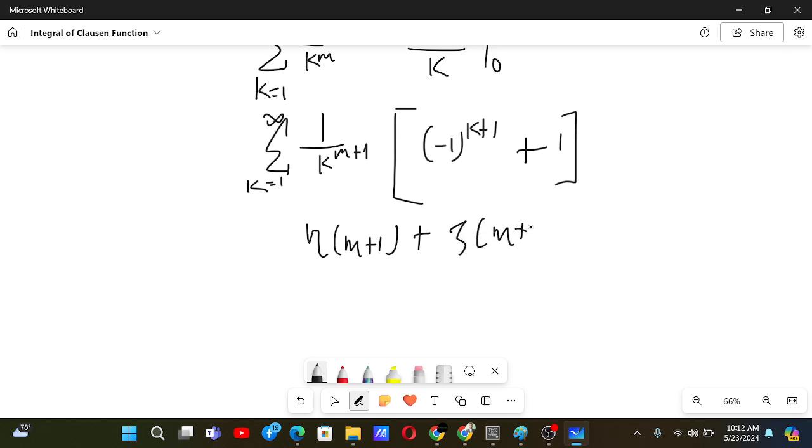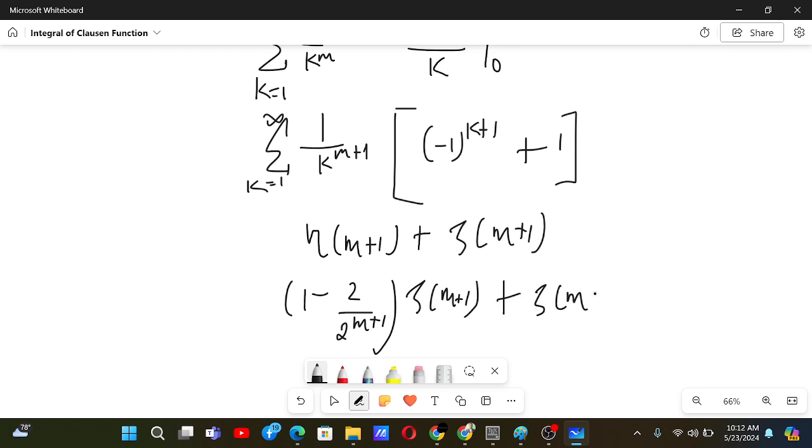Now we know that this eta function is defined as 1 minus 2 by 2 to the power s, where s is m plus 1 over here, times zeta of m plus 1, plus zeta of m plus 1.